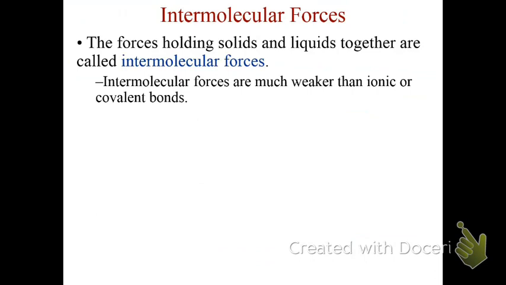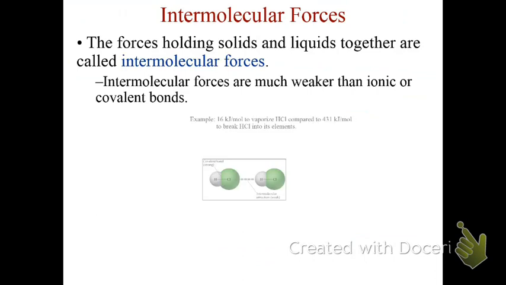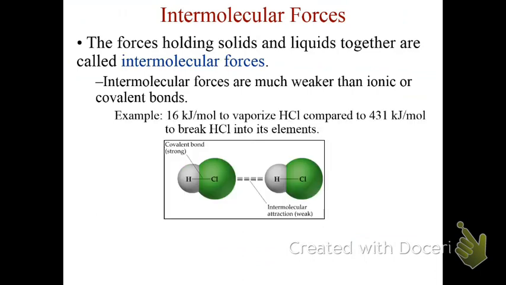Intermolecular forces are weaker than ionic or covalent bonds, which are actually called intramolecular forces, or things that are inside. If we look at the example that we have here, 16 kilojoules per mole to vaporize hydrochloric acid compared to 431 kilojoules per mole to break hydrochloric acid into its elements.